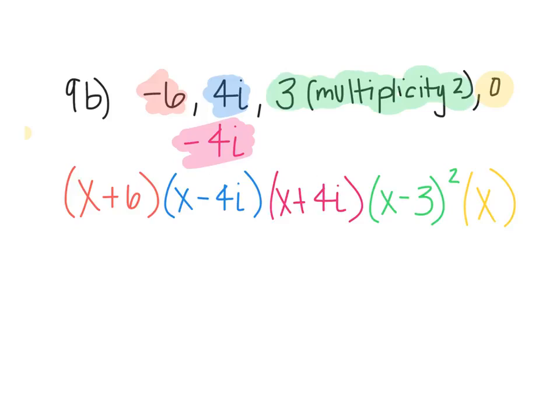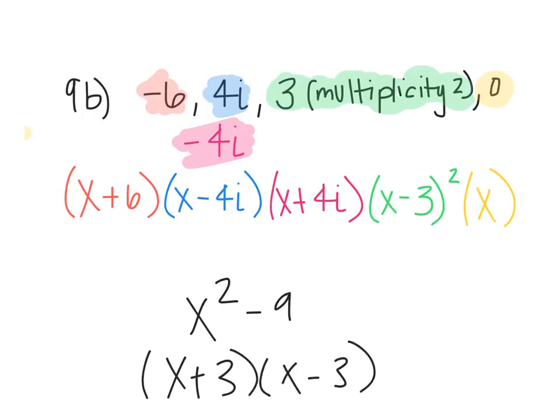If I said factor x squared minus 9, that would be x plus 3 and x minus 3. Well, that's essentially what you have here, x plus 4i, x minus 4i. So the middle parts are going to end up canceling each other out, and you're just going to be left with the first and the last part of the FOIL. The outer and inner parts cancel each other out.